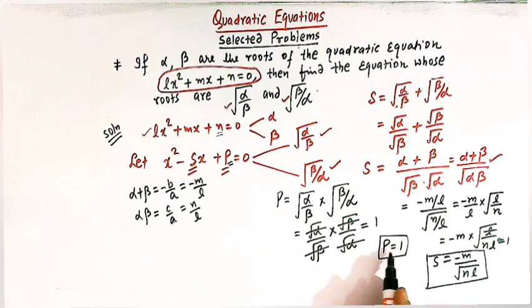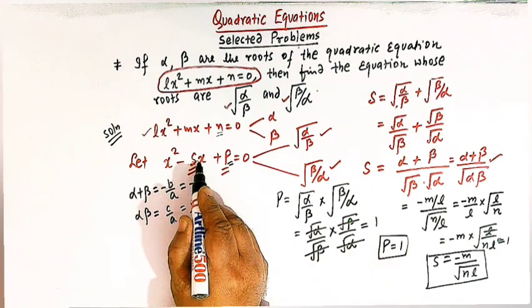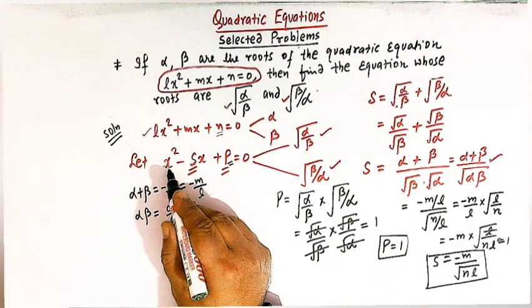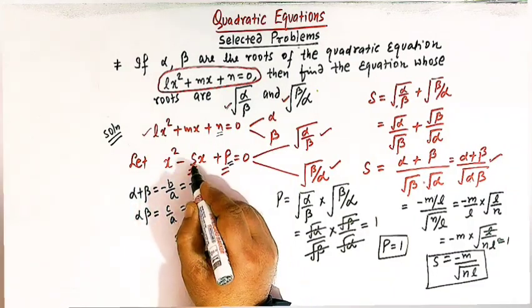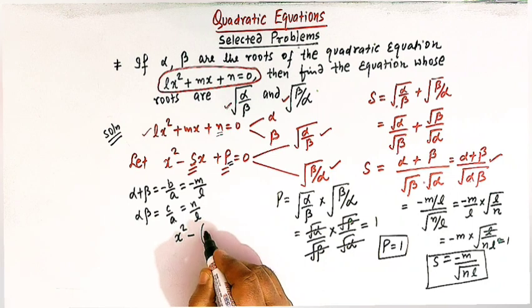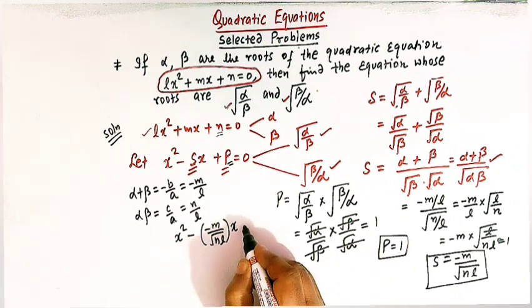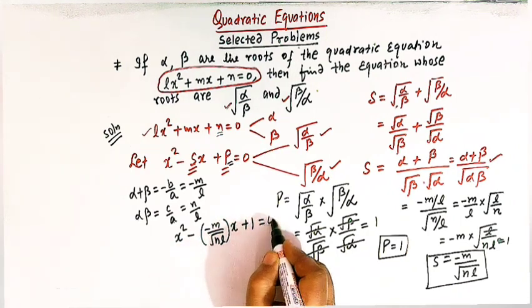So taking these values in this equation, the required quadratic equation is x square minus s, which is minus m over square root of n times l, times x, plus 1, right?